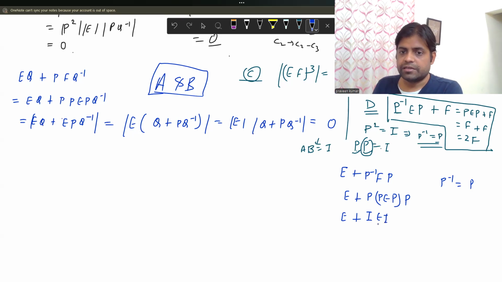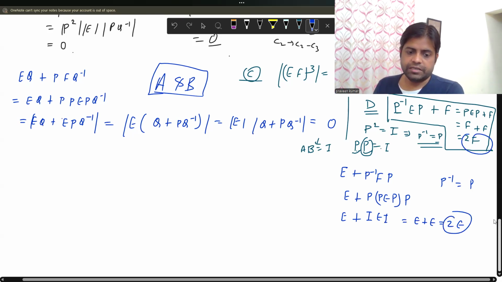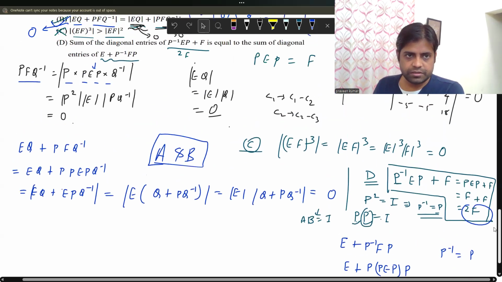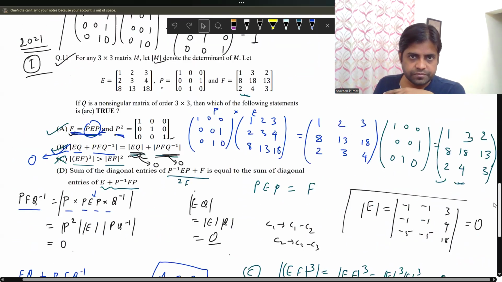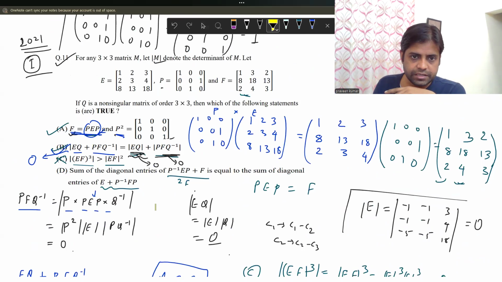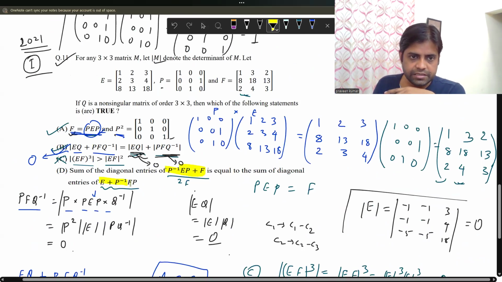So this is I. So this is actually equal to E plus E, which is 2E. So this was 2F and this is 2E. So let's go for the options once again. This is 2F and this is 2E actually.